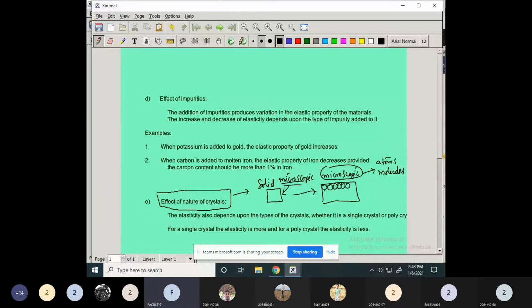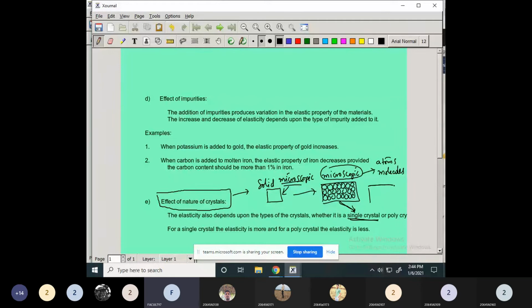Now here what I am going to explain is that if the solid is having only a single arrangement like this, then we are going to consider it as a single crystal. If the arrangement is similar throughout the entire crystal, then we consider this a single crystal.